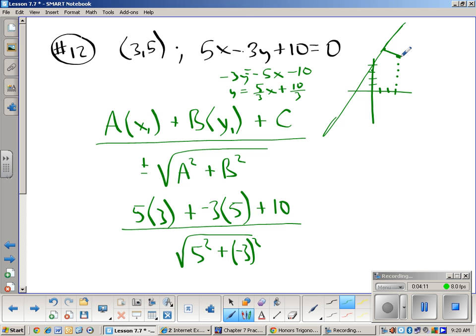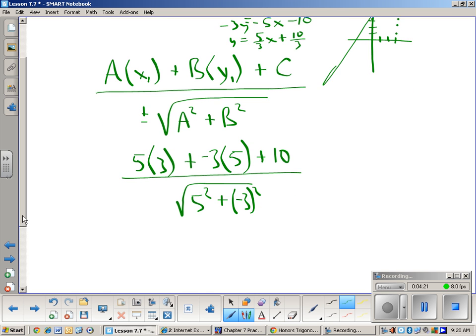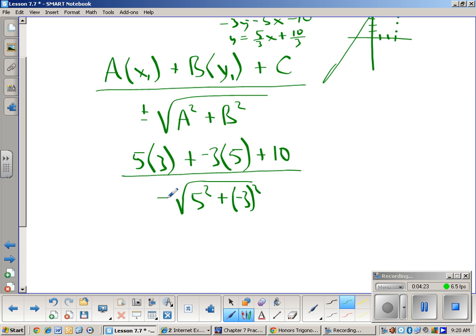I would say they're on the same side of the origin, and so I would use a negative. And so what do I get on top? 15 minus 15 plus 10. On the bottom I get square root of 34.